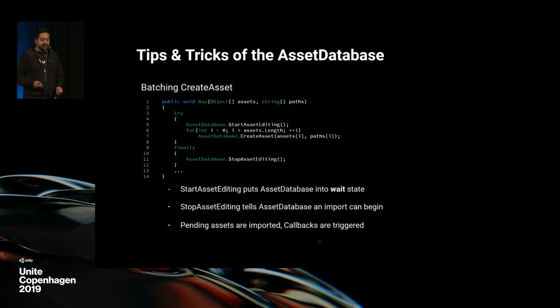And that's why I want to stress that if you are going to use start and stop asset editing, please, please, please put it inside the finally block so that you don't run into these sort of issues. And the people that rely on things getting imported who are maybe not familiar with this also don't get those issues. As an added bonus, this is also going to be in the API reference documentation for some copy and paste goodness.